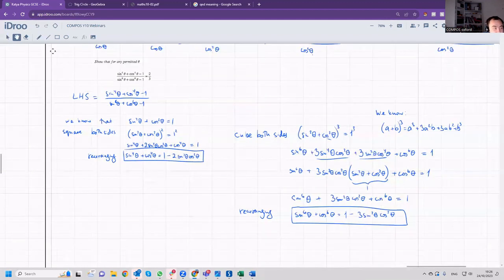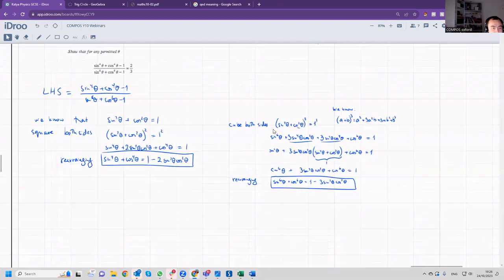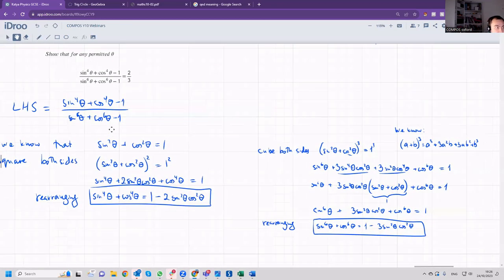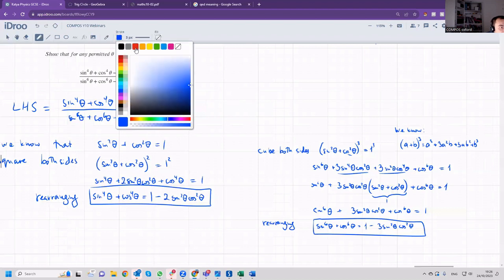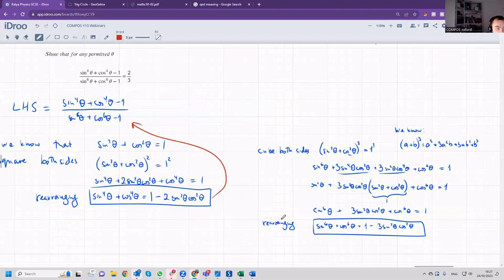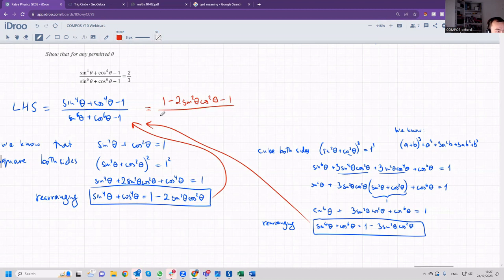So, taking all of this on board, the left-hand side, and putting this into that, we can write 1 minus 2 sine squared theta cos squared theta minus 1, over 1 minus 3 sine squared theta cos squared theta minus 1. 1 cancels, 1 cancels.